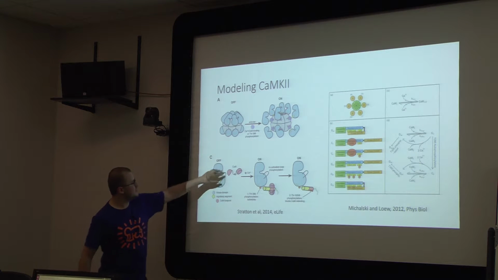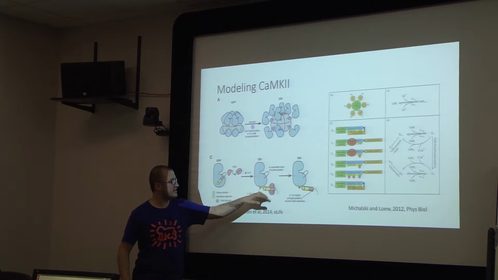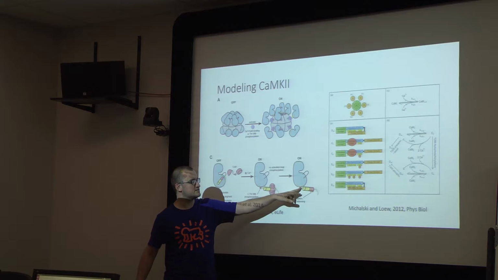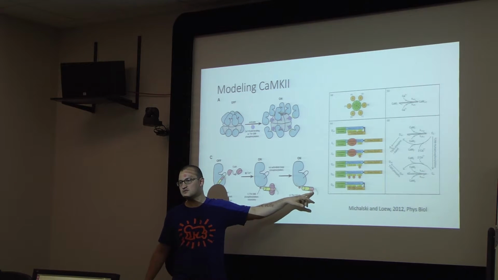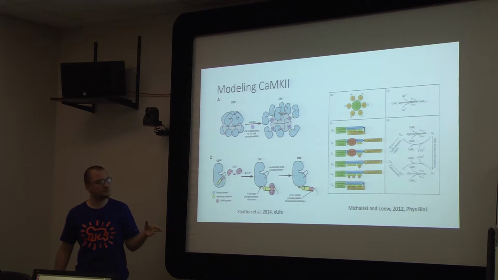Calmodulin comes and binds to the linker part, and there's the 286 phosphorylation site, and then after it unbinds, this 305 could also get phosphorylated, or 305, 306. They're right next to each other.